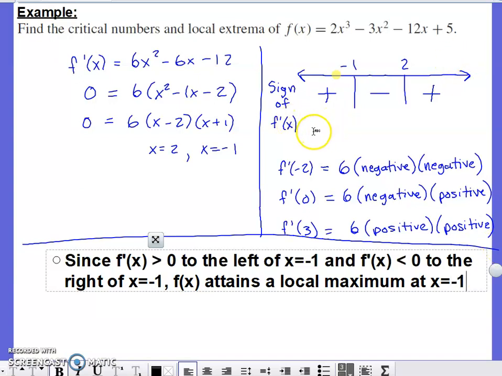Right? If my graph is going to go from positively sloped to negatively sloped as I pass through this x, I have to have a local max at that spot.